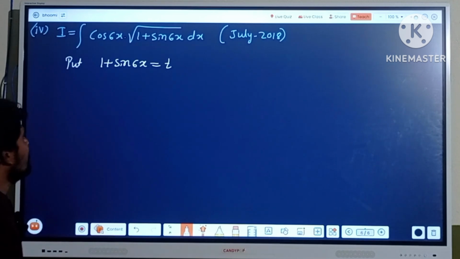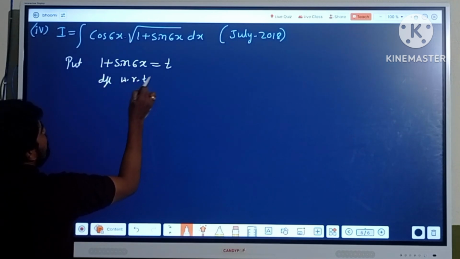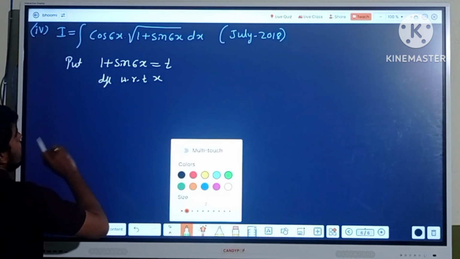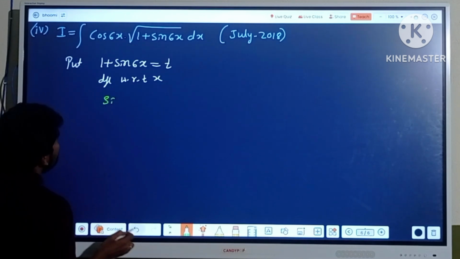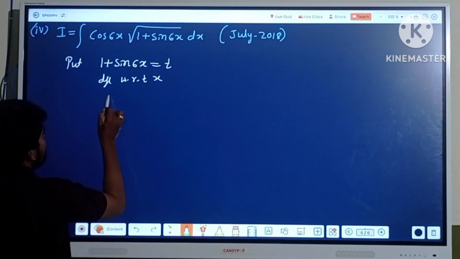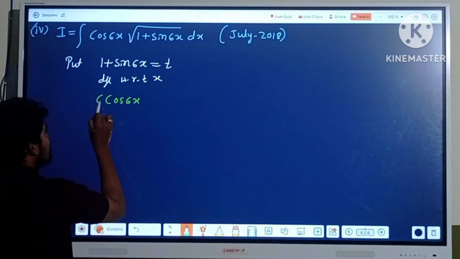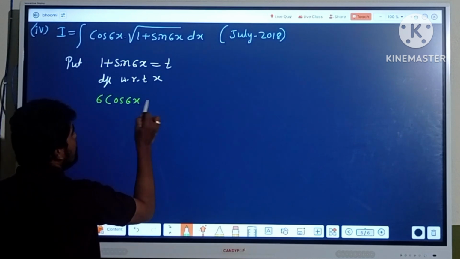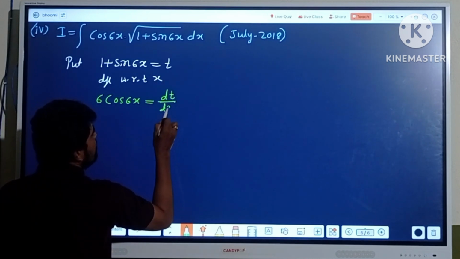I hope all of you are understanding. Again, the same thing, differentiate this with respect to x. The derivative of 1 is 0 plus the derivative of sin 6x, which is cos 6x, and then the derivative of 6x is 6. So finally we get 6 cos 6x equal to dt by dx.